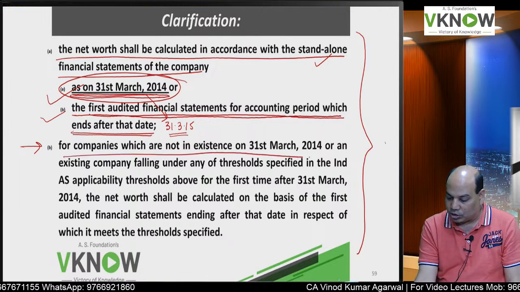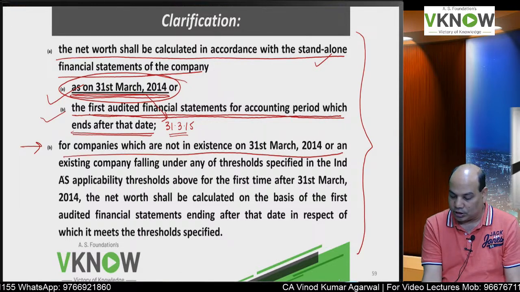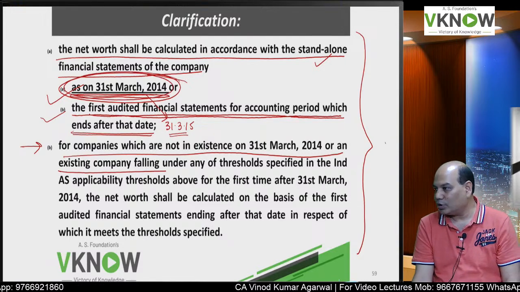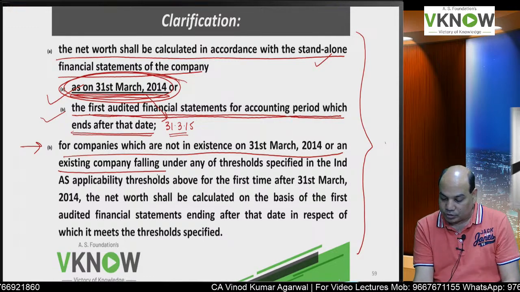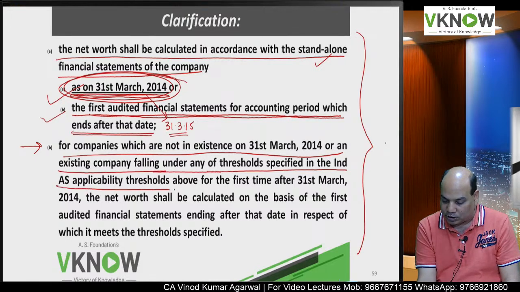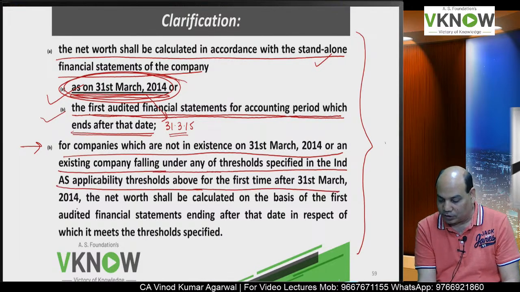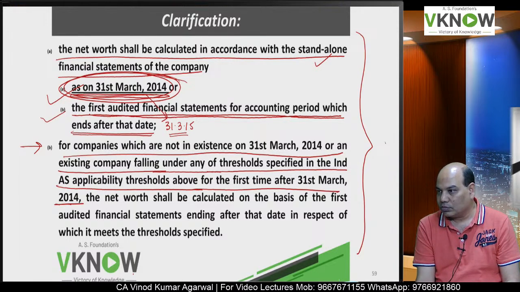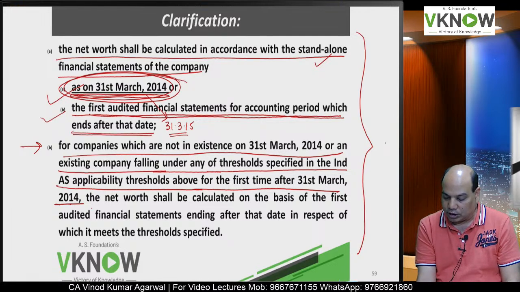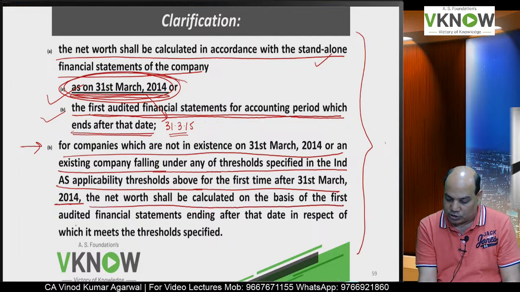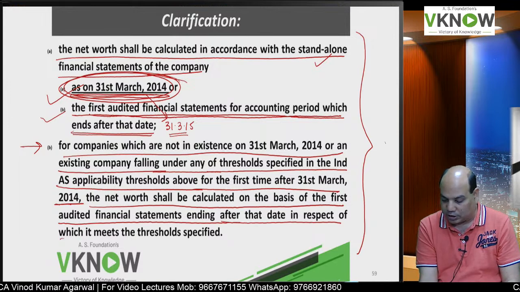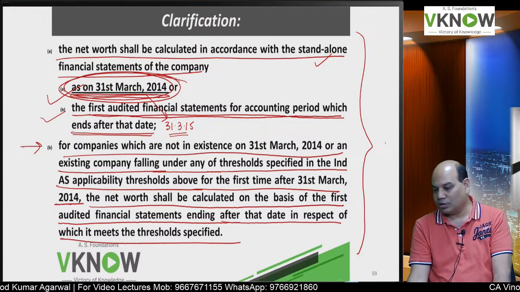For companies which are not in existence on 31st March 14, or an existing company which was not fulfilling the threshold of net worth on this date, and meets any of the thresholds specified in the Ind AS applicability threshold above for the first time after 31st March 14, the net worth shall be calculated on the basis of the first audited financial statement ending after that date in respect of which it meets the threshold specified.